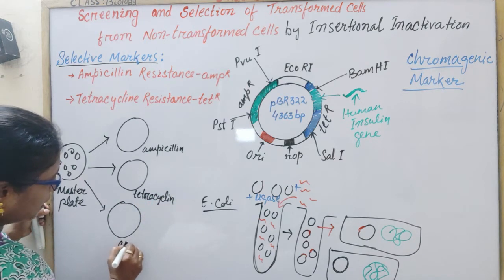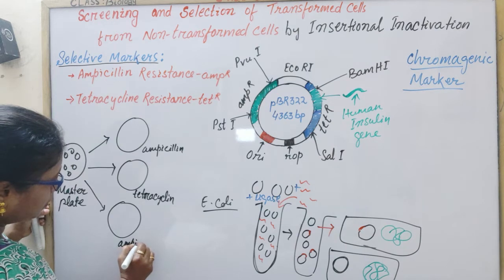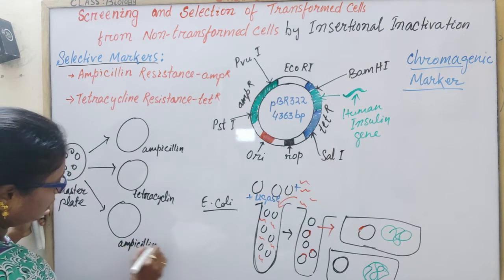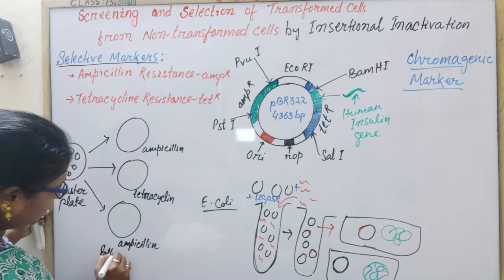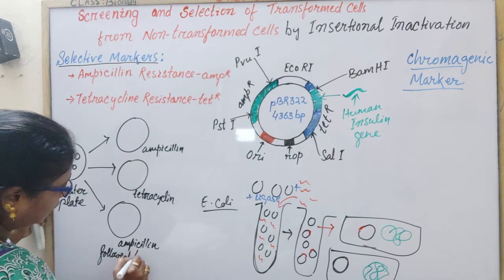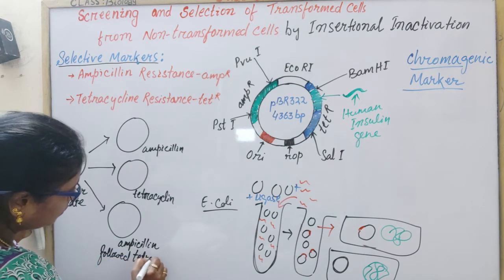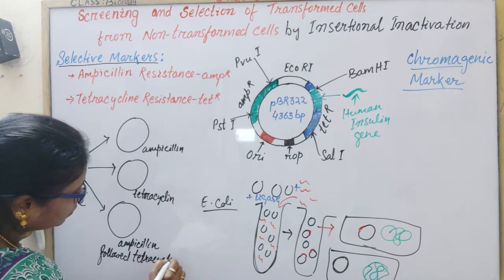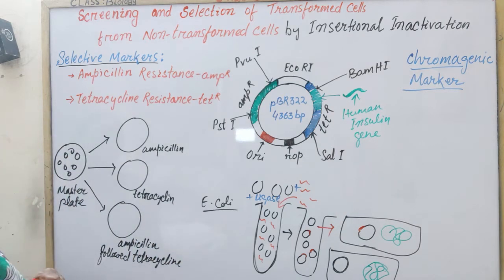Here, ampicillin followed by tetracycline. Ampicillin followed by means first ampicillin, then followed by the tetracycline is treated. What happens?